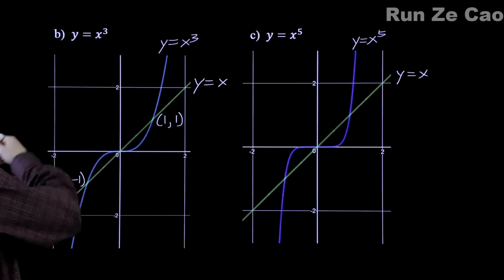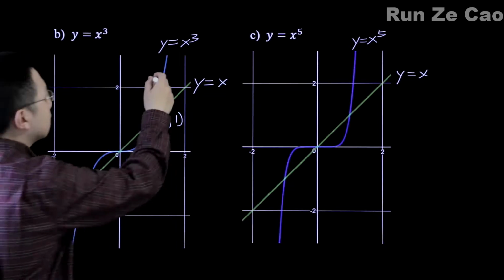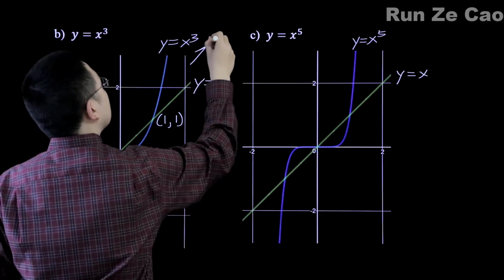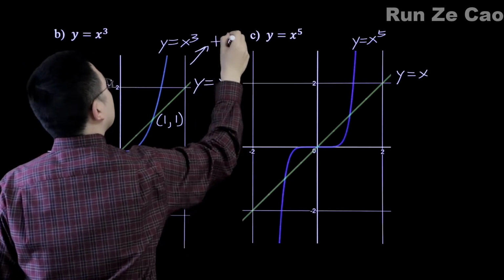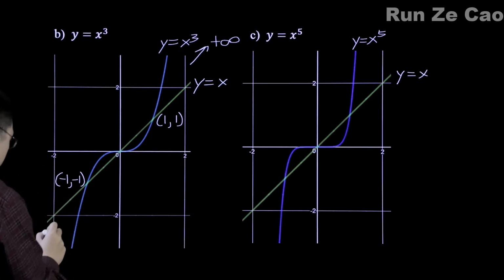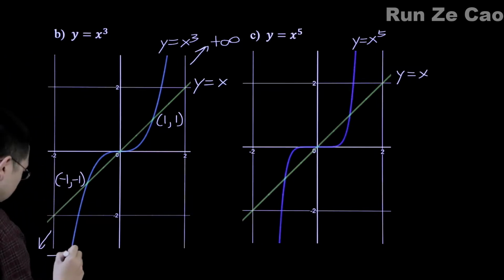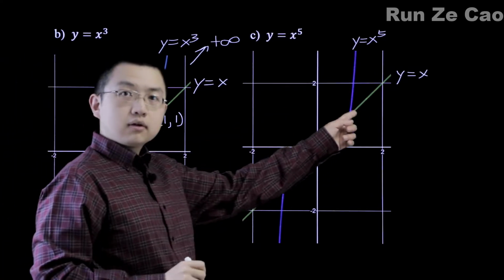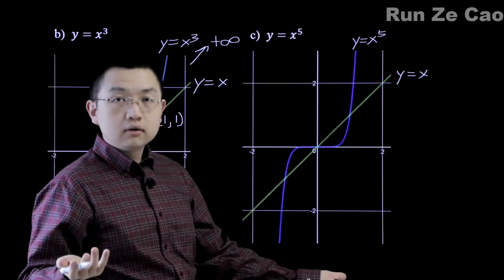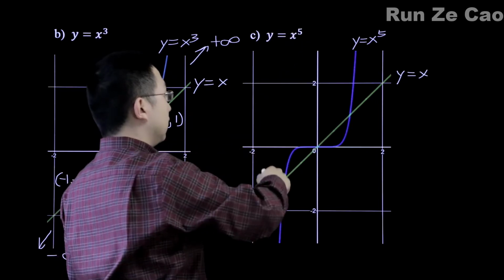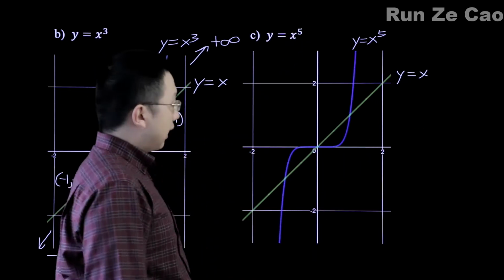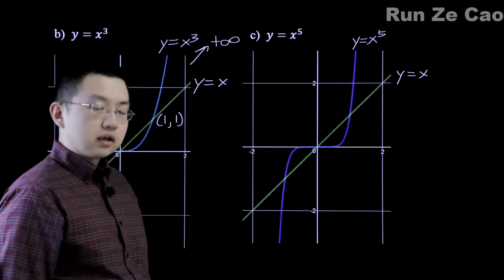And what happens when we go to negative infinity? Oh, hey, this goes to positive infinity and this end goes to negative infinity. What about this? Same thing. It goes to positive infinity as x approaches positive infinity. And this goes to negative infinity.